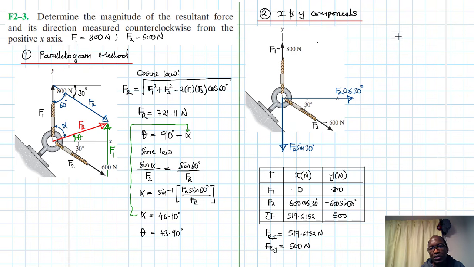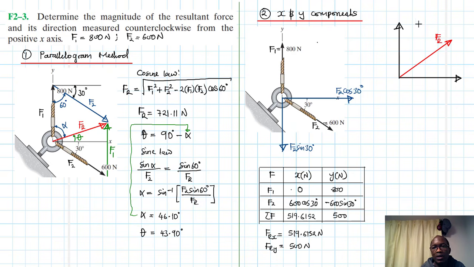So let's draw this. Both of them are positive, so it looks like this. Both are positive. And then we have the resultant, which is going to be a bit closer to the x-axis, which is larger. So this is FR.